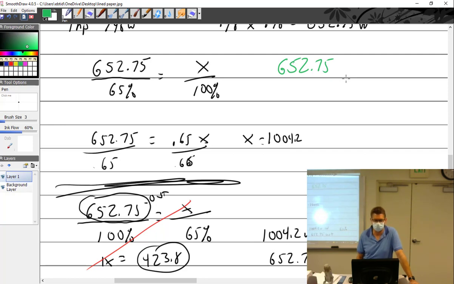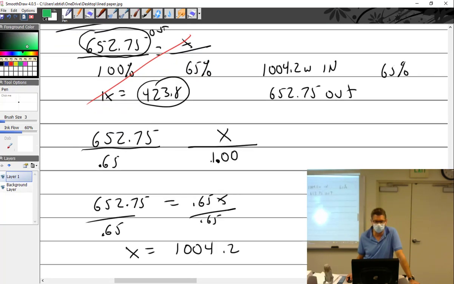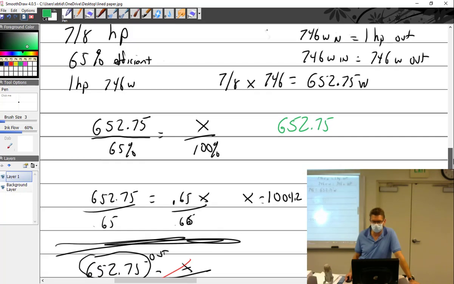So, 652.75 over X equals 75% over 100%. X has to be 65, and that's why I came down to this, and I said sometimes, because I told you every single problem we've done is a ratio, sometimes you can trial and error it out. Let me think this one through here.